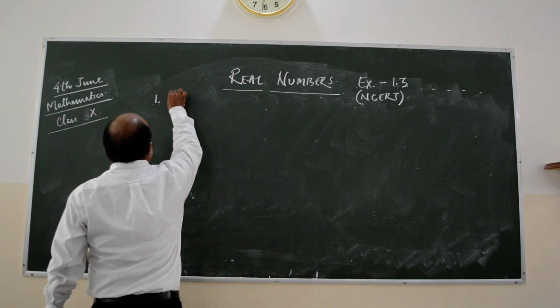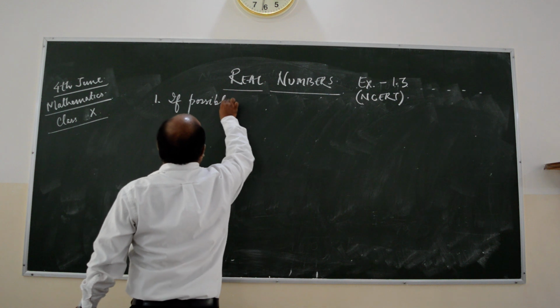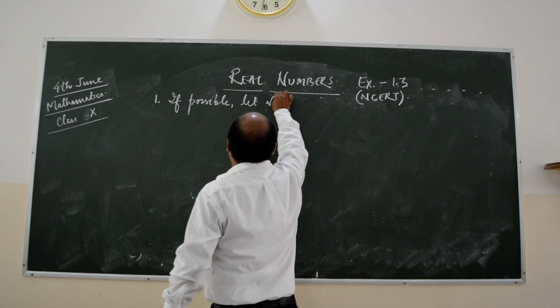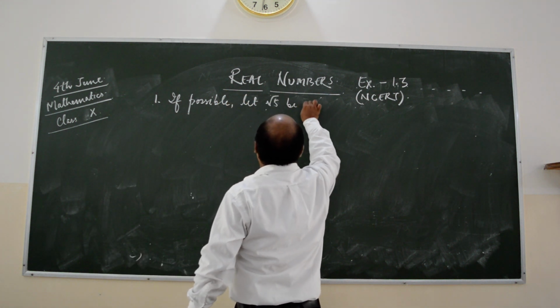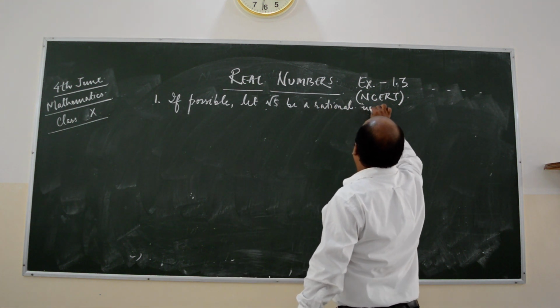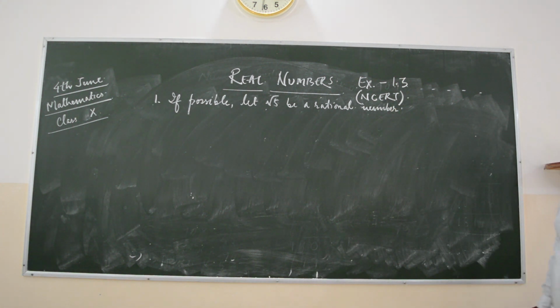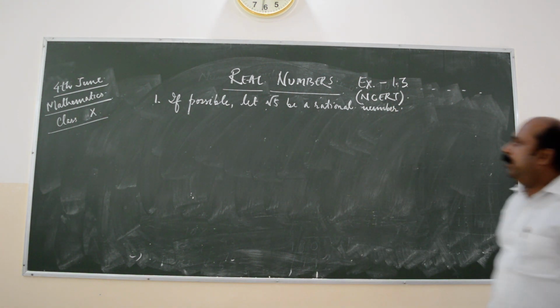So we will say, if possible, let root 5 be a rational number.